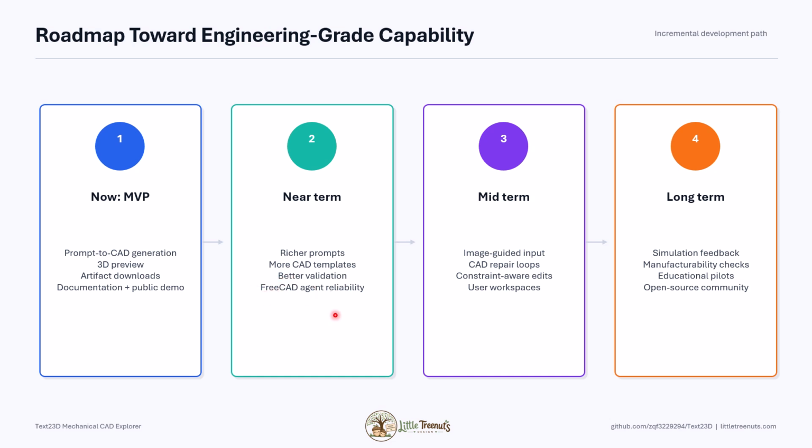In the midterm, we will have image-guided input, CAD repair loops, constraint-aware edits, and the user workspace. In the long term, we will do simulation feedback, manufacturability checks, educational pilots, and an open source community.